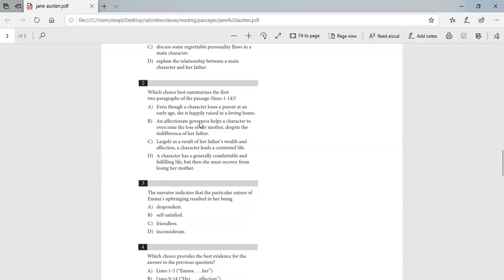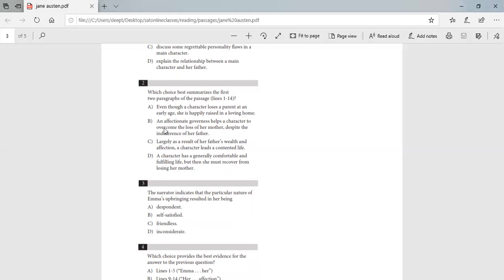Next, it says affectionate governess. Yes, the governess is affectionate. Helps a character to overcome the loss. Is it given that there was a loss? Yes, but is it given that she had some struggle to overcome the loss? We don't really know that. We know that the governess was there. We know that the loss was also there, but was she feeling that now the loss is too much, or how do I overcome it?